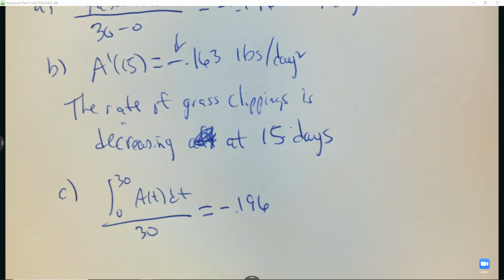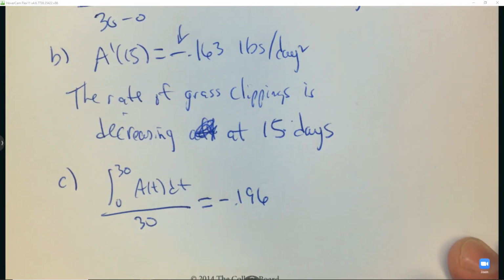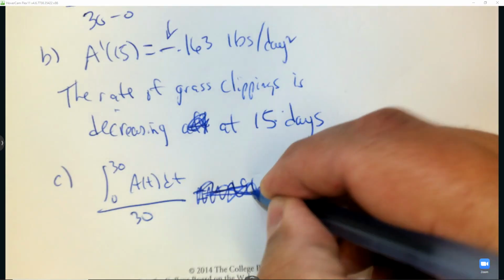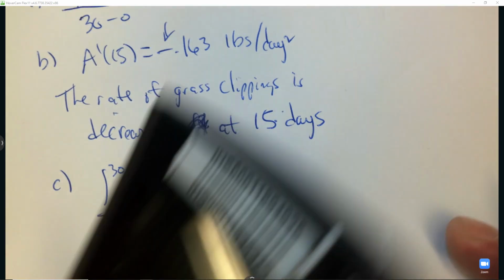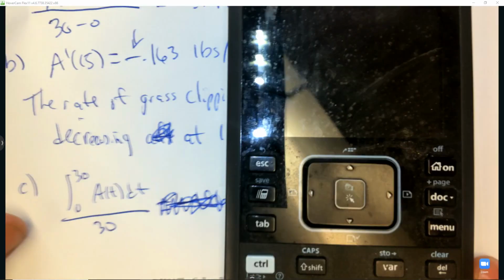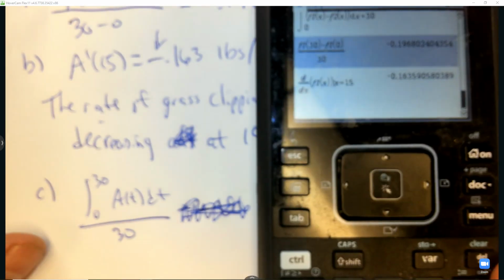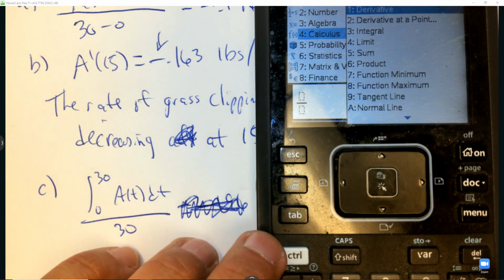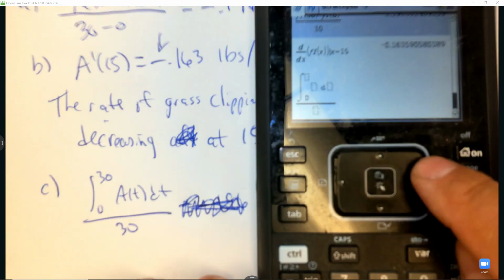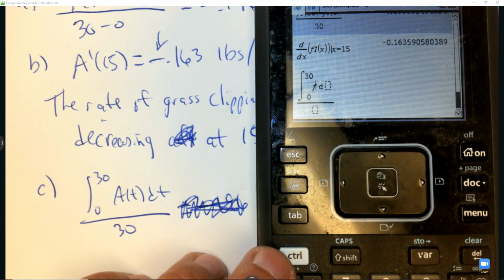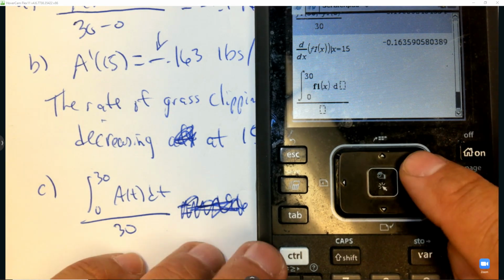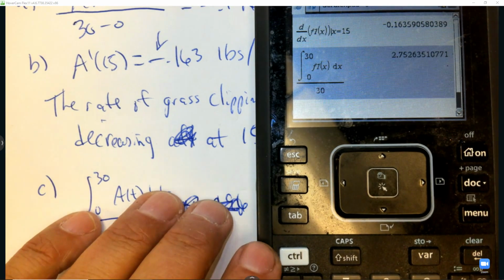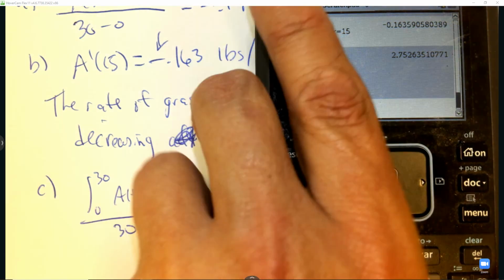It gives me a different way to do it. So it just asks for the average. When I look at the answer key, it said just do the average value. So I'm going to just do the average value. That's not how I did it. So can you find the average value here? Fair enough. Menu, calculus, integrate from 0 to 30, F1 of x dx. And it's 2.752.